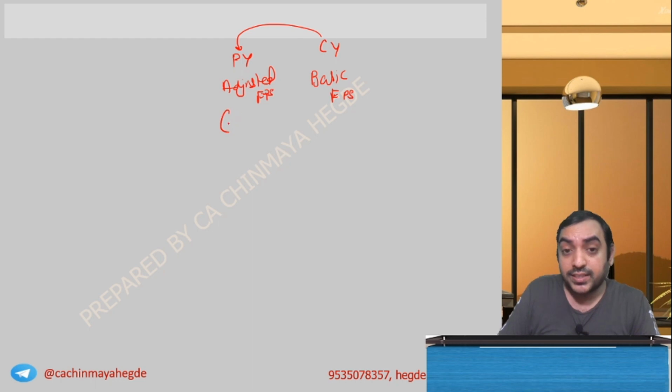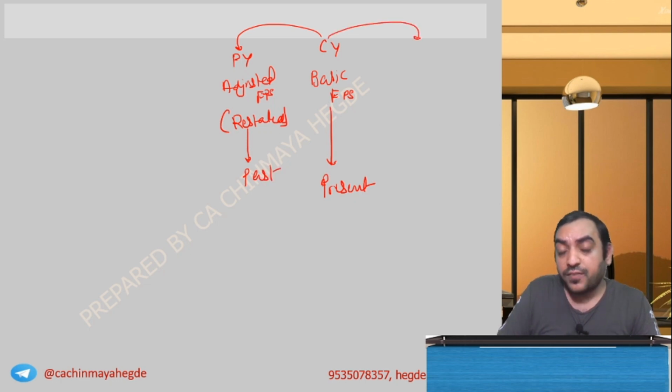This is history, so this is this year, current, present. This is past. Now we have something futuristic. Past, present, future, 3 tense. Futuristic is called as potential years.